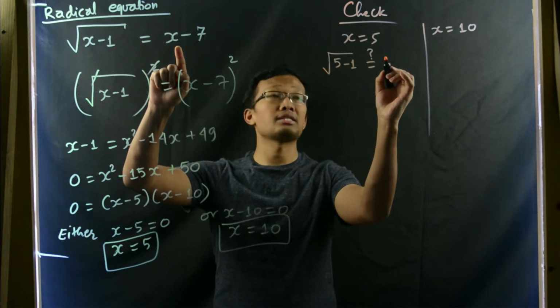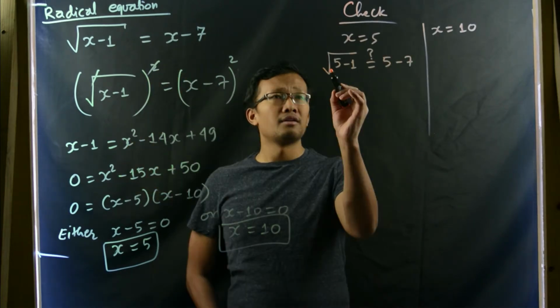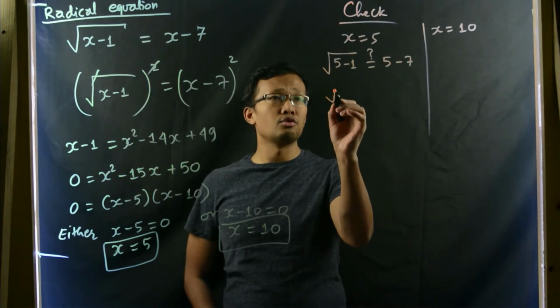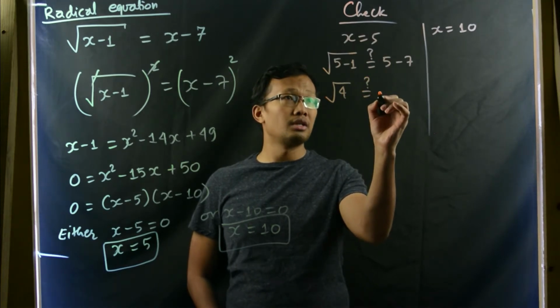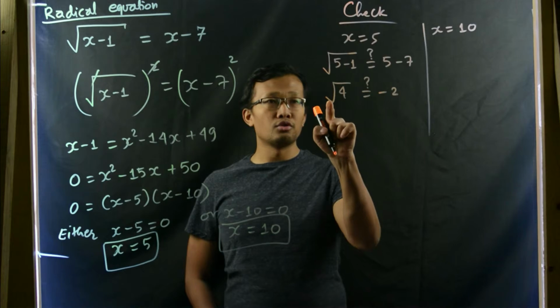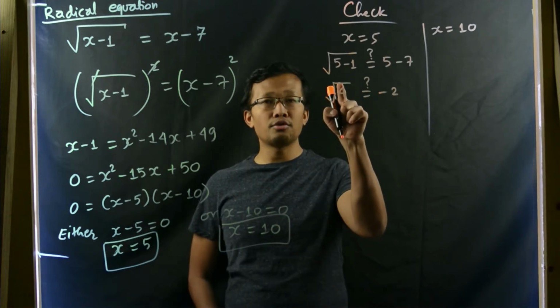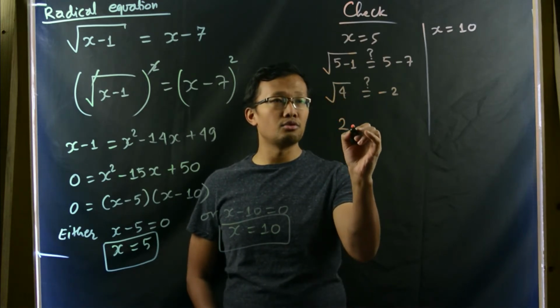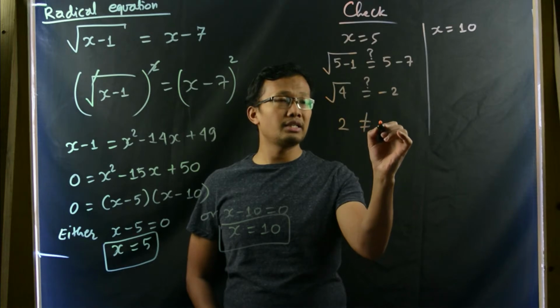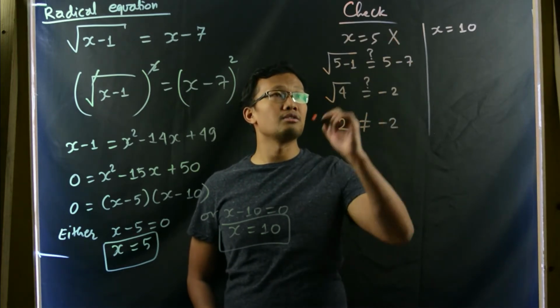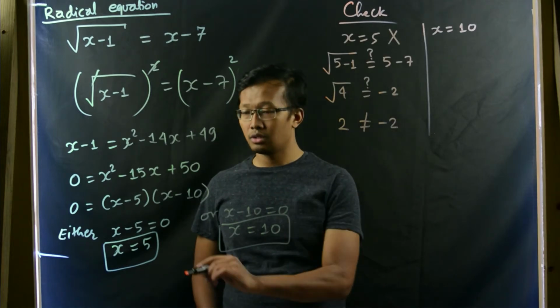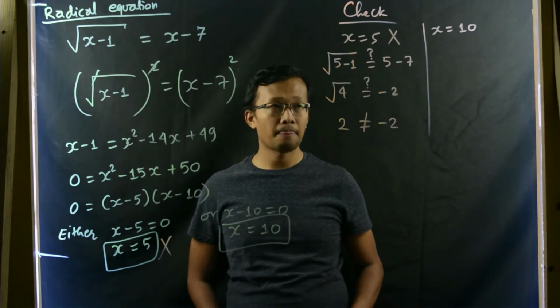And x minus 7 means 5 minus 7. 5 minus 1 is root 4, and we are not sure whether it equals negative 2 or not. So root 4 is the positive root, so this will just give us 2. And we can clearly say 2 is not equal to negative 2. So x equals 5 is not a solution.